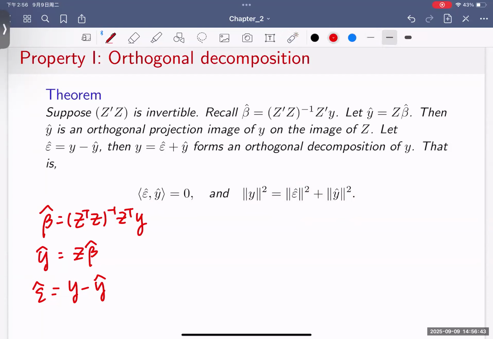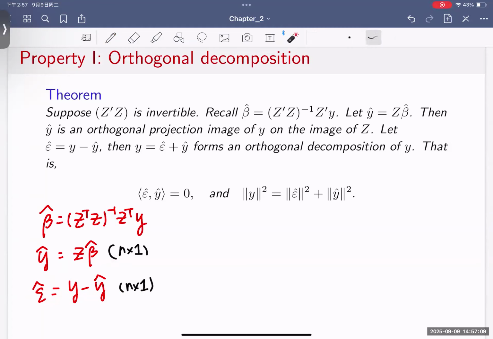Okay, so here we can observe one thing: what is our Y hat? First of all, just in case you forget, I just write down the dimension. This dimension is n times 1. It's also n times 1. So we know the Y hat is actually a representative of the beta hat.